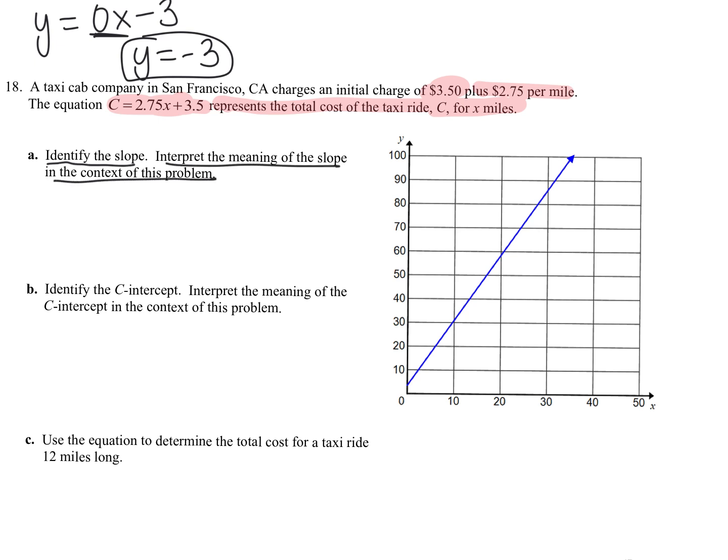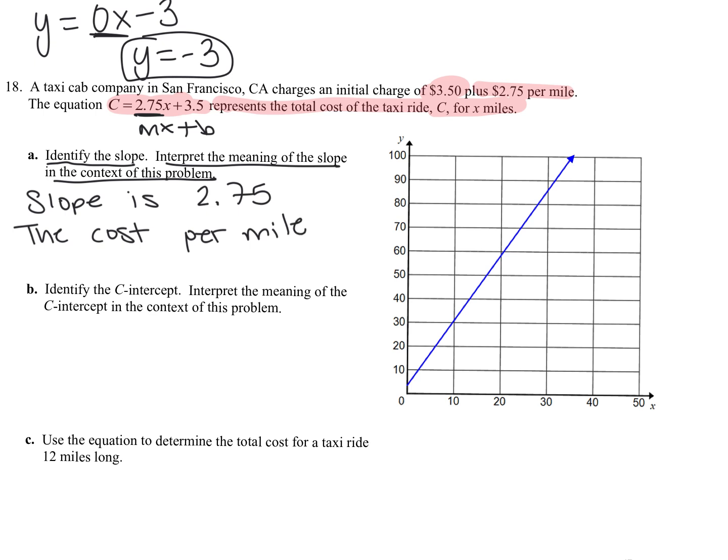All right, so the slope would be this part, right, because it's mx plus b. So the slope is $2.75, which if I'm going to interpret that, then I would say that that's the cost per mile. And I shouldn't even use the word increase. So maybe the cost increase per mile.